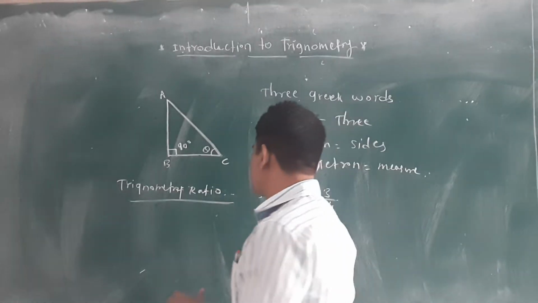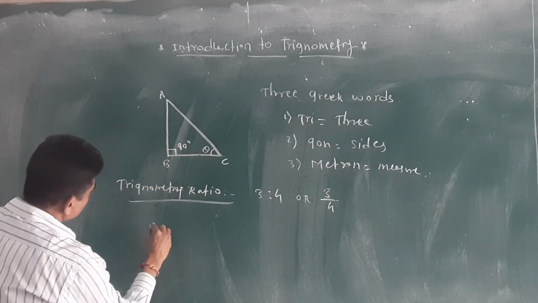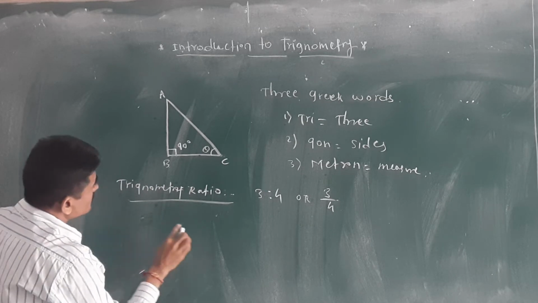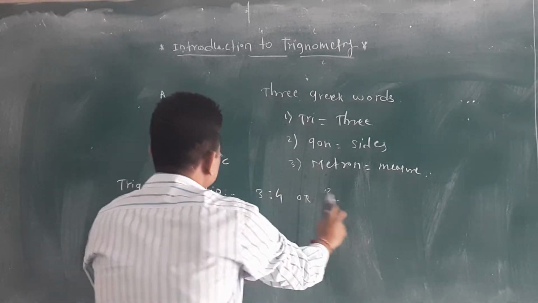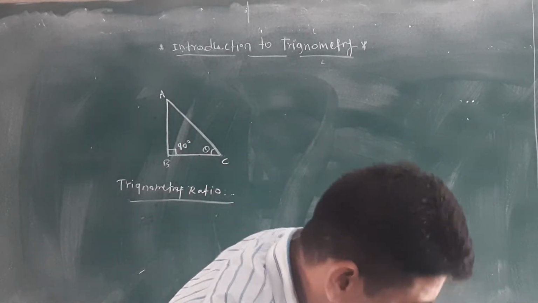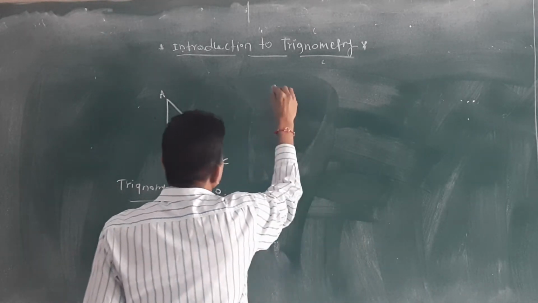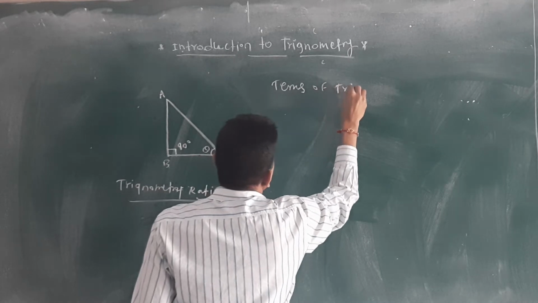First, see, there are 6 terms given. Which 6 terms are given? See one by one. These are the terms of trigonometry.